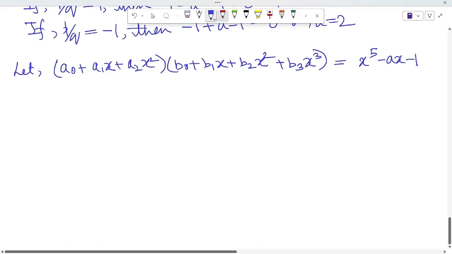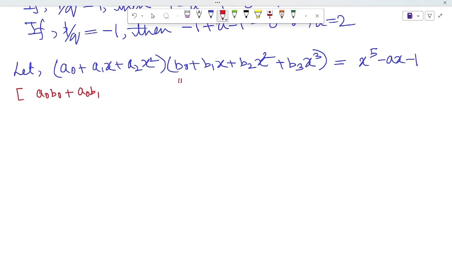Let me calculate separately. It is a0 b0 plus a0 b1 x plus a0 b2 x square plus a0 b3 x cube.